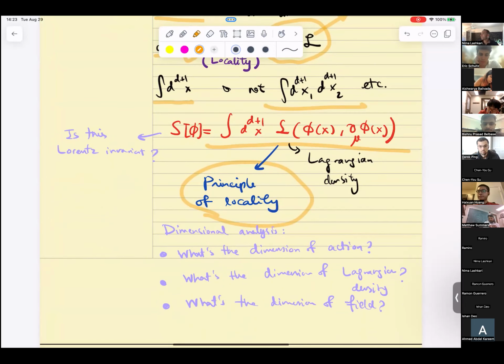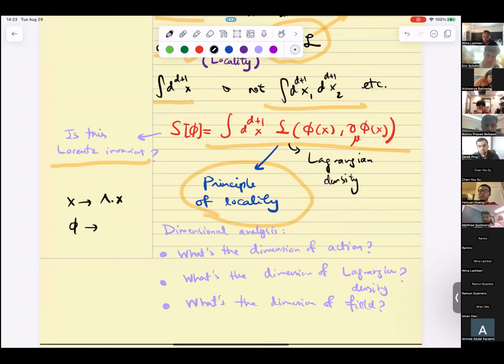So here are a bunch of comments for you guys. If somebody knows the answer to some of this, just yell it out. Is this Lorentz invariant? If you want this to be Lorentz invariant, you'll have to make sure that it's a symmetry of this transformation. So what does Lorentz invariant mean? It means that this transformation, followed by the field transforming appropriately, keeps the action invariant.